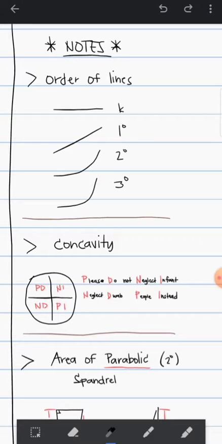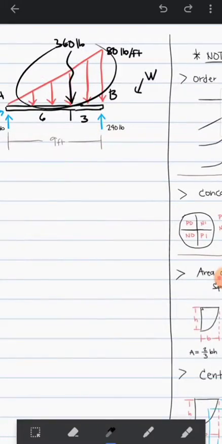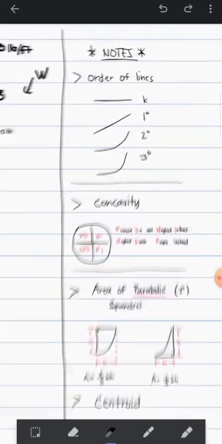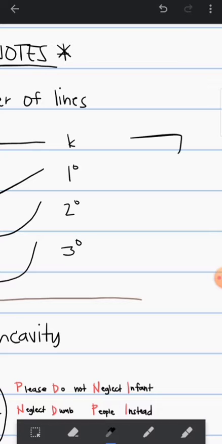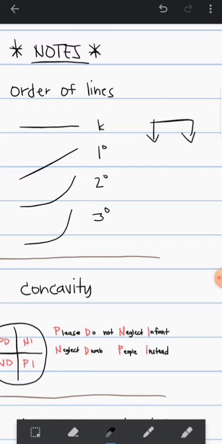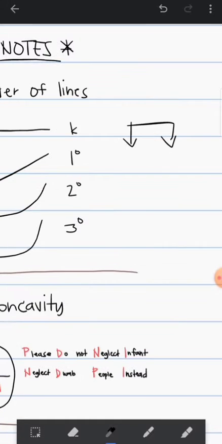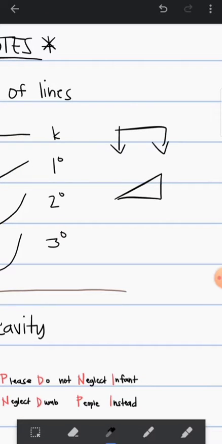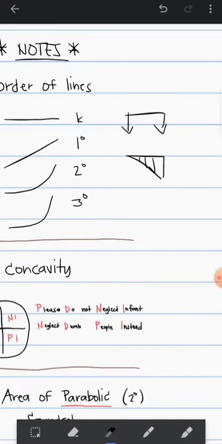So here we have order of lines. If in our loading diagram the load is constant, meaning a distributed load, our shear will automatically be first degree. So our shear will become something like that or like that. And then the moment will become second degree.